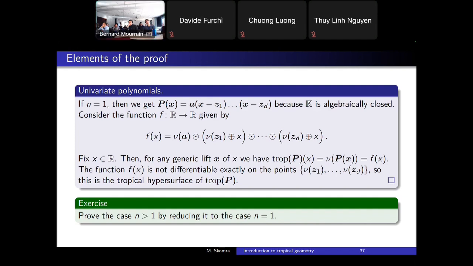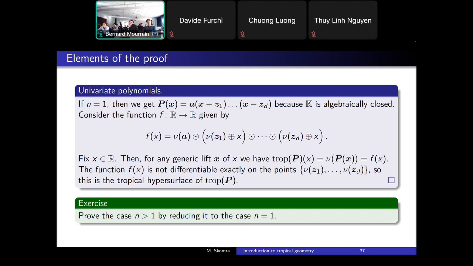So by the same argument, this thing will also be equal to this function f. So now I see that this tropical polynomial function and this function f are actually the same function, even though this depends on expressing p in the monomial basis, while this comes from some other expression. So these are two different things, but as functions, they coincide.